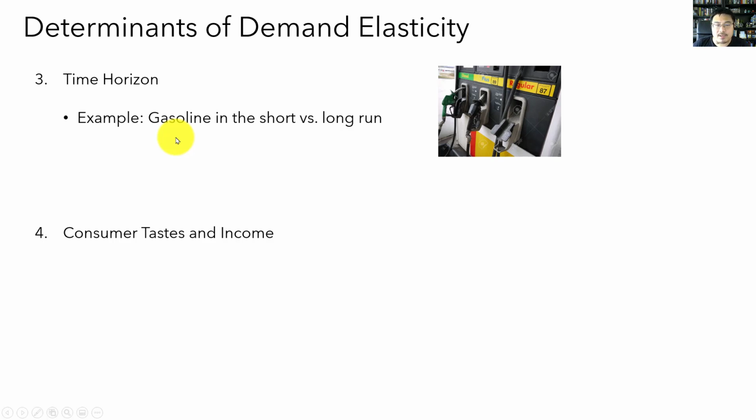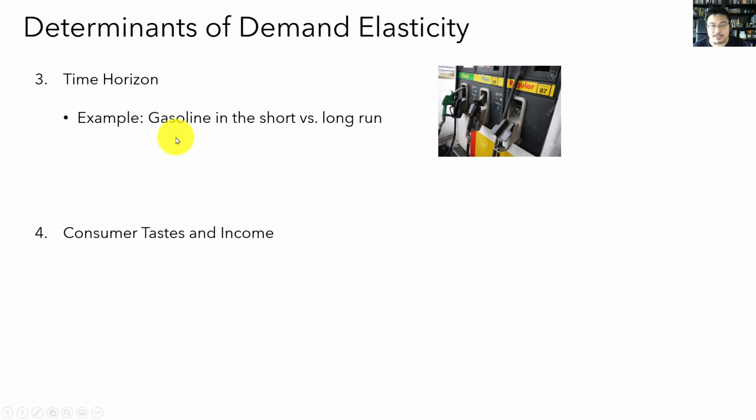But over time, if gas prices continue to rise, then people may actually start to adjust their habits and behaviors. People may decide to move closer to work to save on fuel costs. They might start shopping closer to home. They may even visit their friends and family less frequently, and they might take shorter trips for vacations that don't require driving as much.